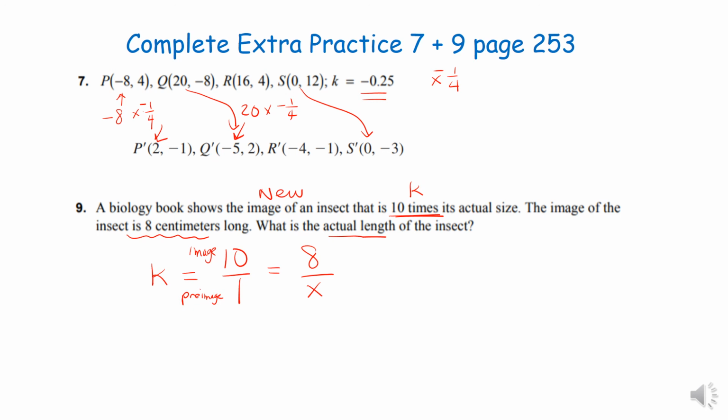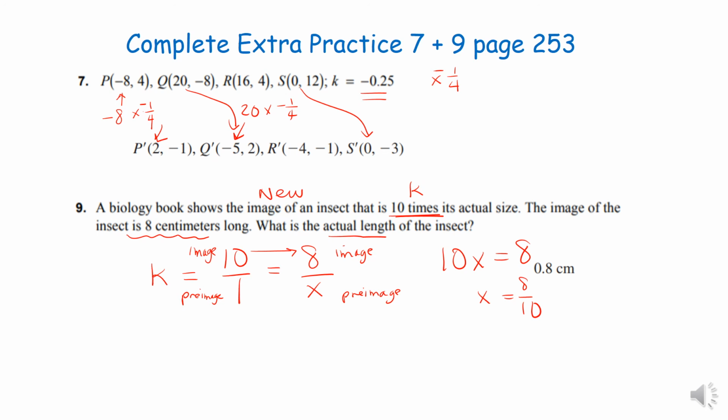You have to have the image on top here. And then we have our pre-image, which we don't know what it is. The pre-image is the actual size of the bug. Then we're going to cross multiply. We get 10x equals 8. So x equals 8 over 10, which is 0.8 centimeters. Which is big enough for me.